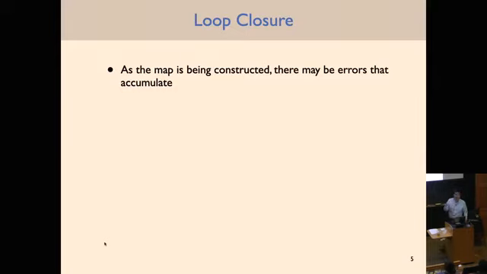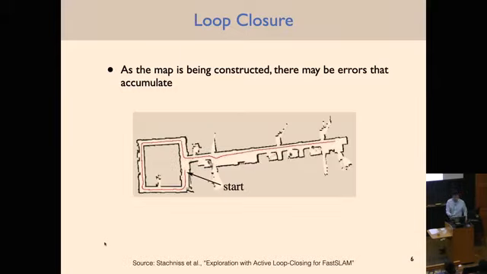As the map is being constructed, there may be errors that accumulate. This is another example where obviously the corridor isn't actually at this weird angle from the portion of the building on the left.